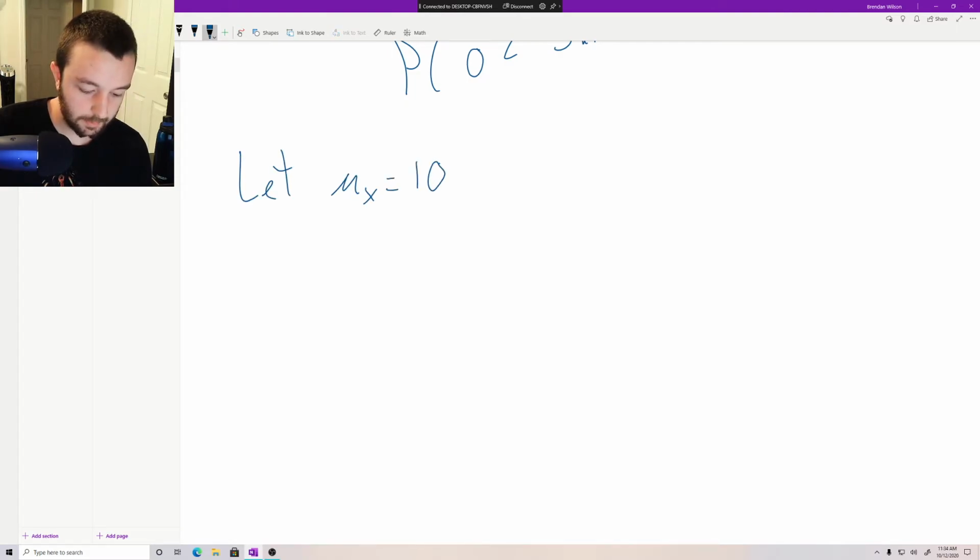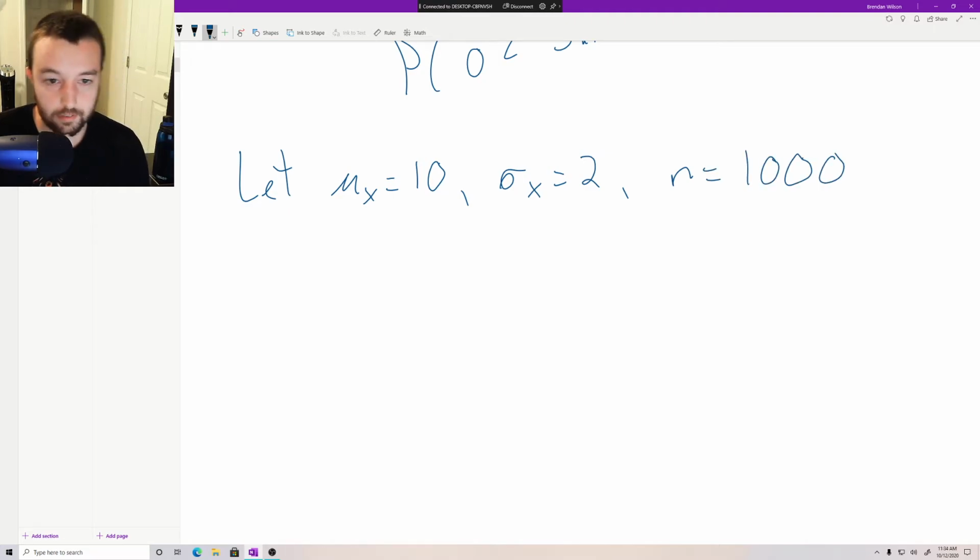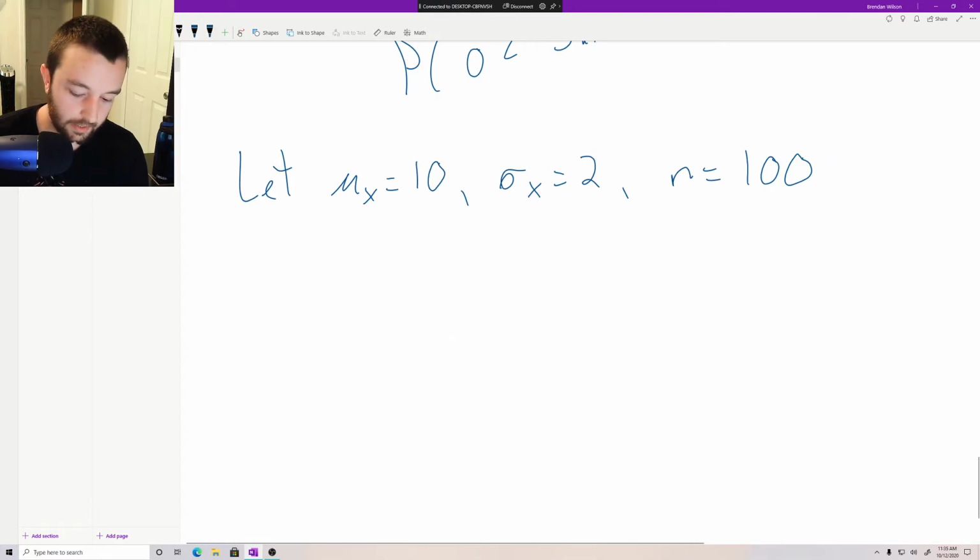Let's let the mu of x be 10, sigma x be 2, n equal 1000. Remember n has to be large, but it's ambiguous what that means, so we'll just say it's 1000. Or maybe let's just say it's 100. The book notes that it should be at least 30.